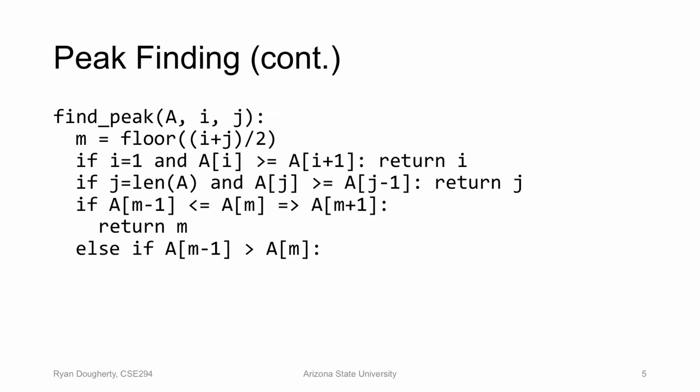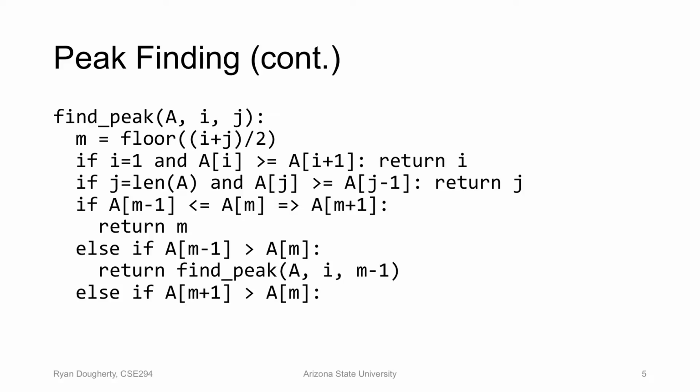But otherwise, if the larger element is on the first half of the list, so it's the element right before, then we basically go up until the middle element minus 1. And otherwise, the only other possibility here is that the second half of the list has the first element being greater than the middle element, in which case we call on the second half of the list.